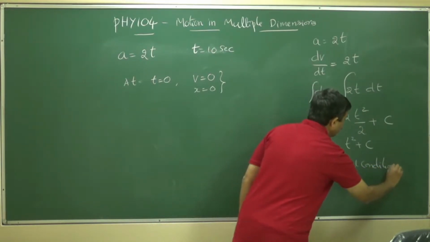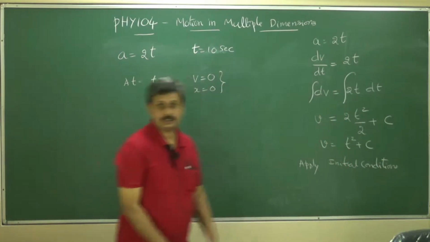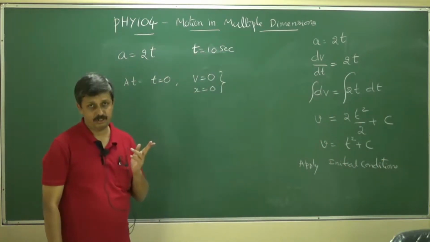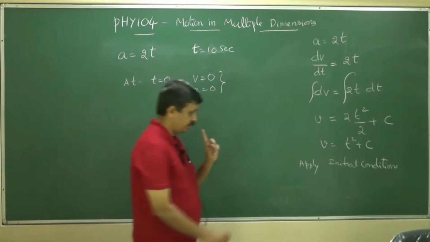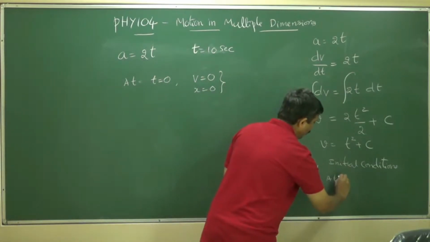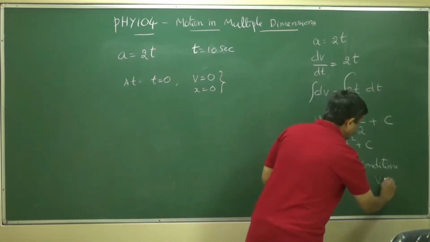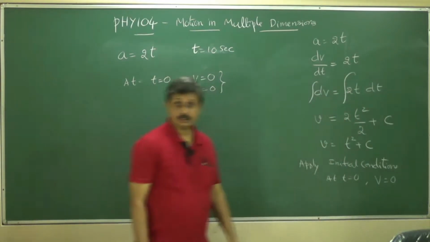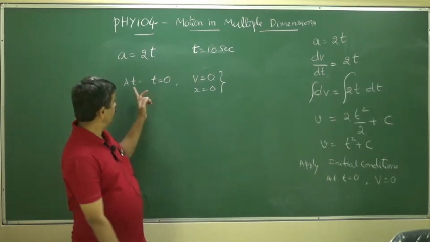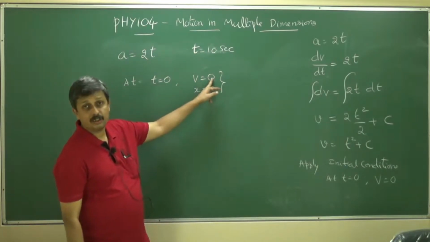This is an important step during this whole process, applying initial conditions. What is our initial condition? At t is equal to 0, v is equal to 0. That is our initial condition.